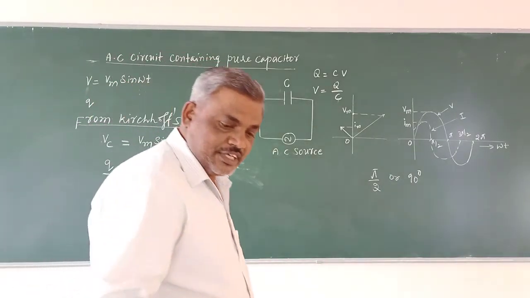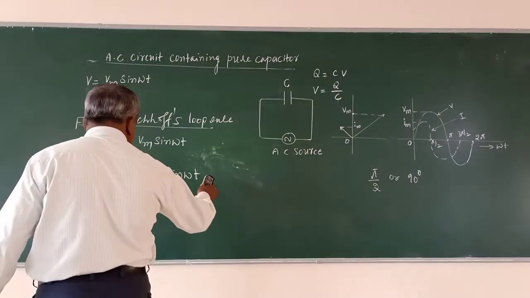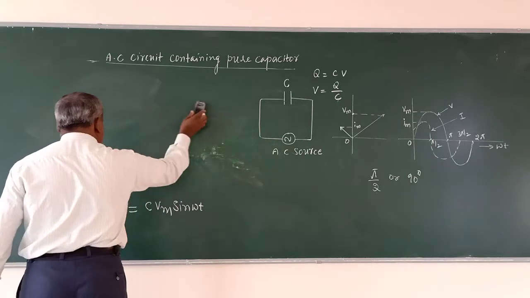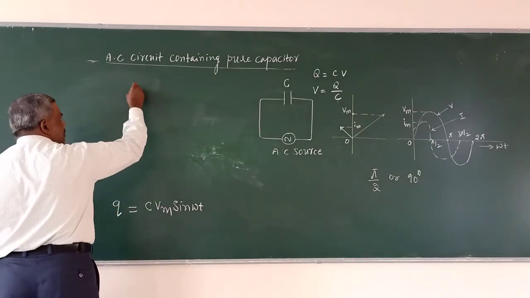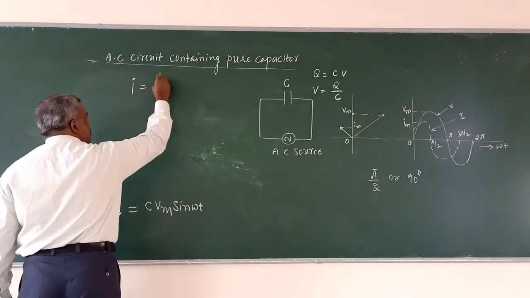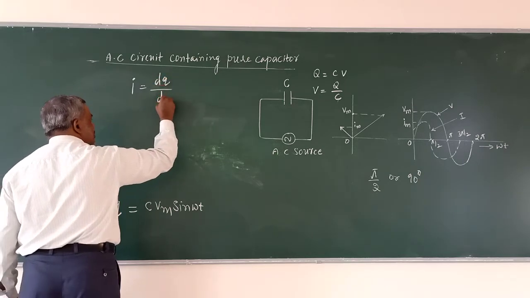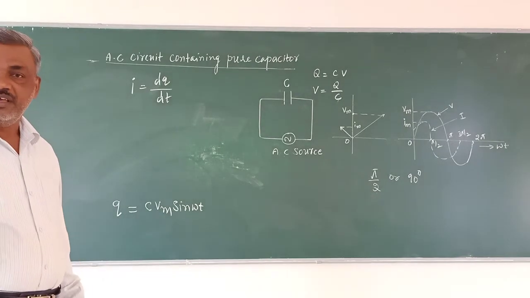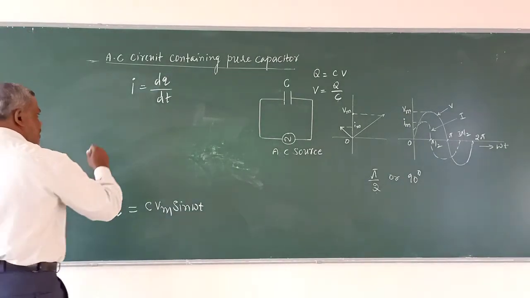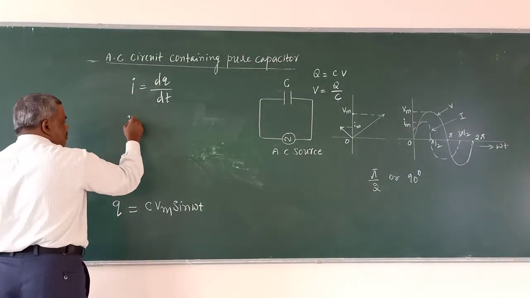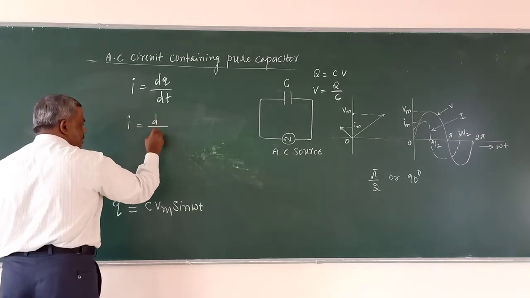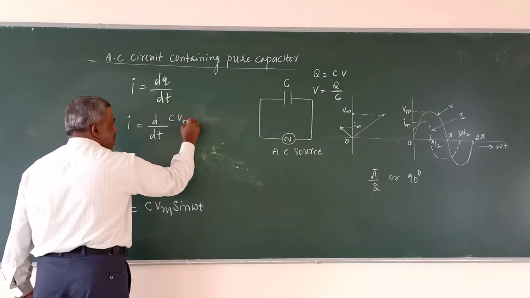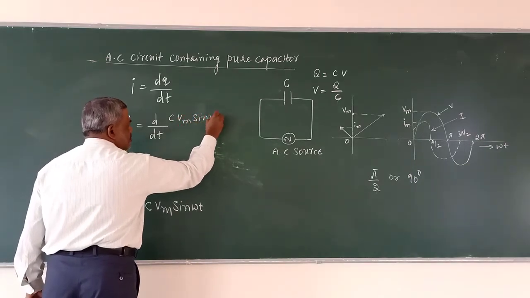Now the current in the circuit, I equals dq by dt. So I equals d by dt of Q, where Q equals C Vm sin omega t.